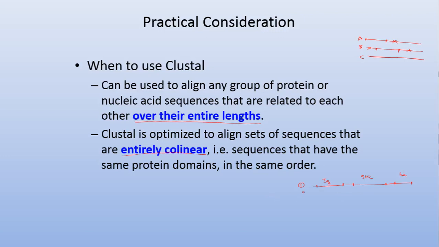When you give input to programs like Clustal, it is understood that all of the sequences you provide contain the same Ig domain at the first position, the same SH2 domain at the second position, and the same kinase domain at the third position. These domains appear in the same order in all of the given sequences. That is what we mean by entirely collinear.